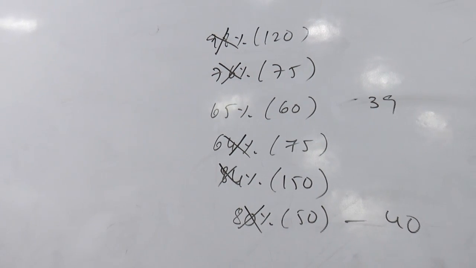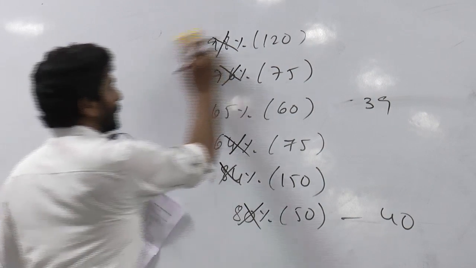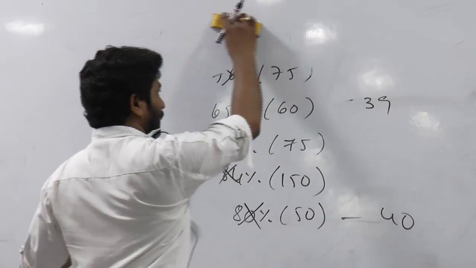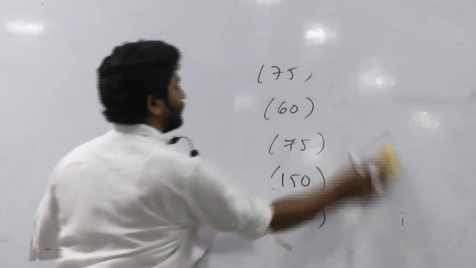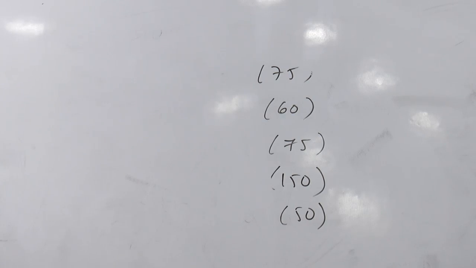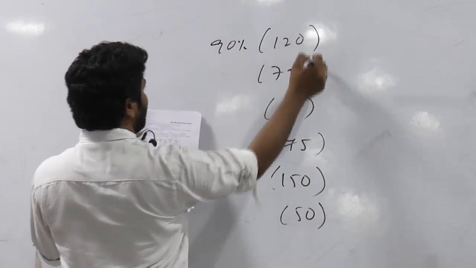(64) What is the total number of marks obtained by Rani in all the subjects together? Total marks obtained by Rani. Wait. So first one is 90% of 120.